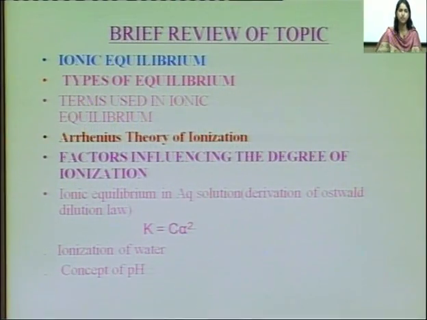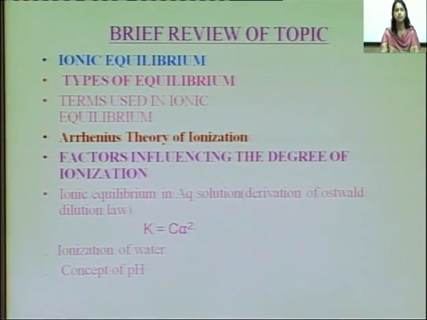Let us take the brief review of the topic. What topics I have discussed here? I have discussed what is equilibrium, and then I have come to the point of what is ionic equilibrium. So, what is equilibrium? This is the state of process where the concentration, temperature, pressure of the reactant and product does not change with time.